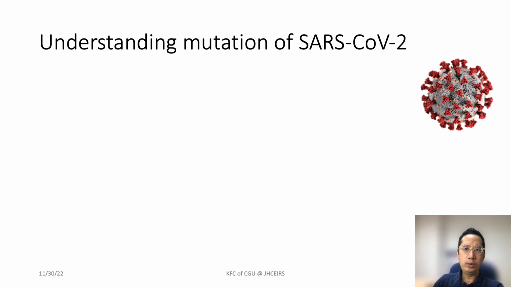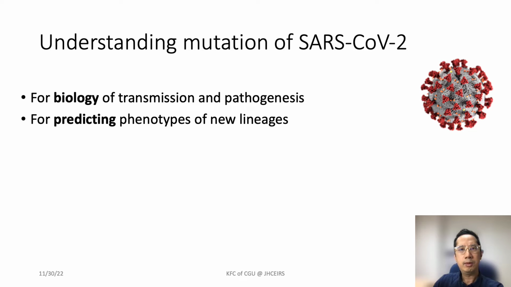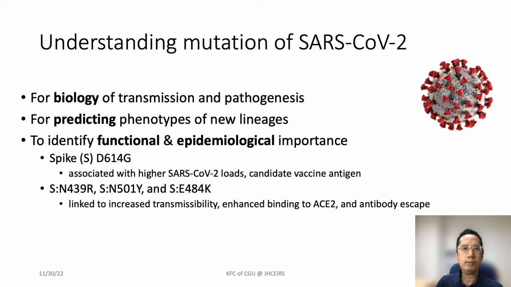So why is it so important to understand the mutation? First is to understand the biological meaning for transmission or pathogenesis. And then, of course, we always hope to predict important phenotypes of new lineages. Lastly is to identify the functional and epidemiological importance of these mutations.